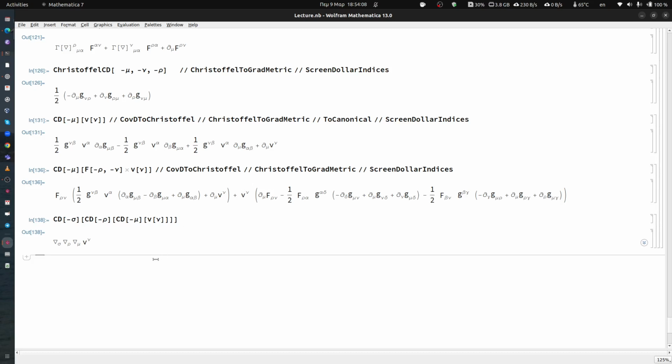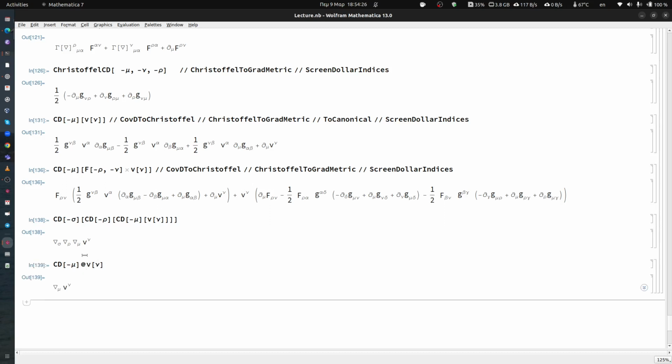So let me show you another way to write those expressions by taking advantage of the symbol @ of Mathematica. So that means that this function is applied on this expression.